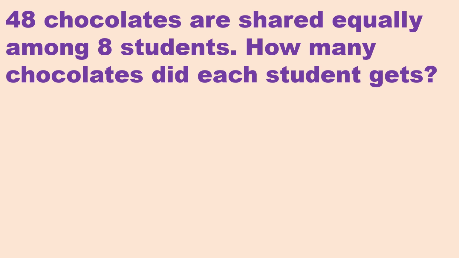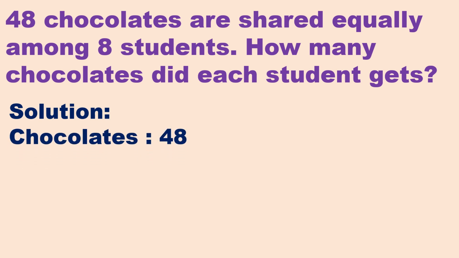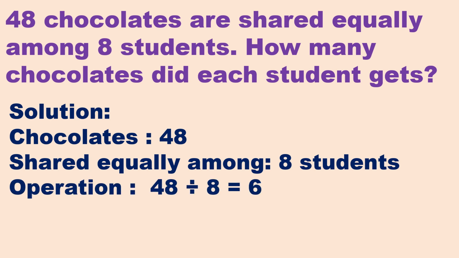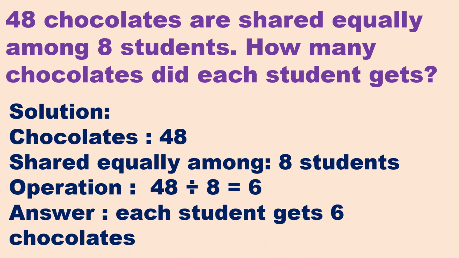In the question itself you will see what operation we have to do. So the operation is 48 divided by 8, which gives 6. So the answer is each student gets 6 chocolates.